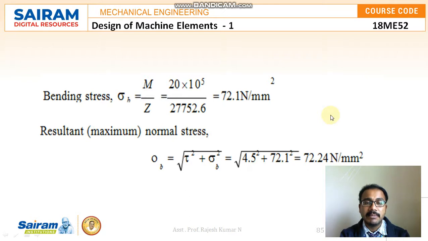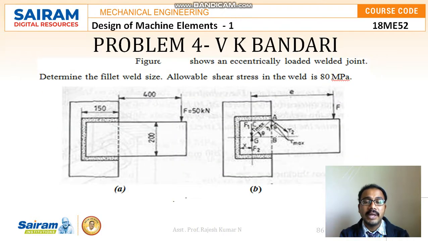The bending stress sigma b is equal to M by Z, that is 20 into 10 power 5 divided by 27752.6. After simplification I am getting bending stress equal to 72.1 newton per mm square. The resultant or maximum normal stress is equal to the square root of tau square plus sigma b square, that is 4.5 square plus 72.1 square. So the resultant stress is 72.24 newton per mm square.